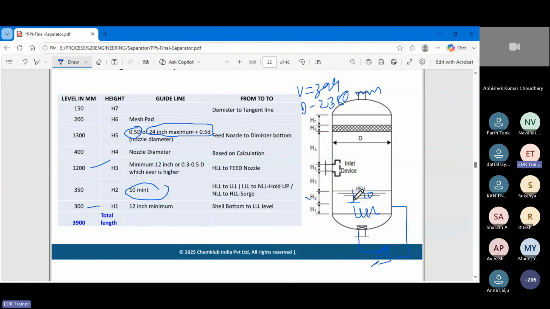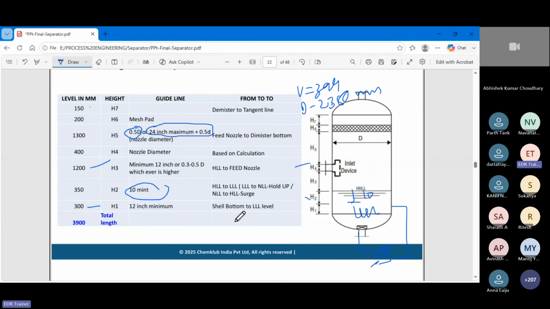Same for the above. If you have a high level, what does that mean? Your inlet flow rate is too high, or your bottom pump is having issues, or the feed control valve has malfunctioned, or the pump is delivering more flow than the bottom outlet flow. So you have to take care of that. That's why we have some residence time, 2 to 3 minutes, to take the action.